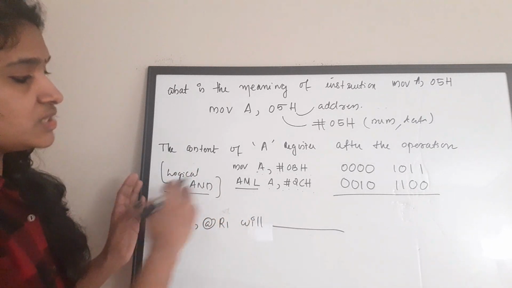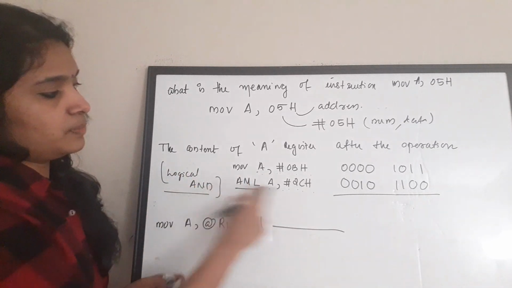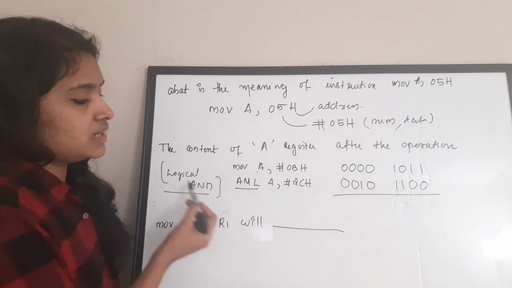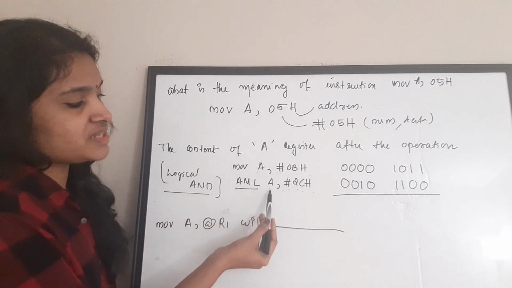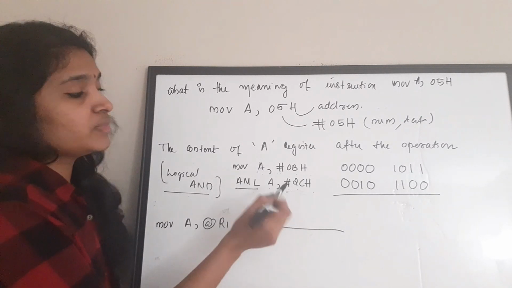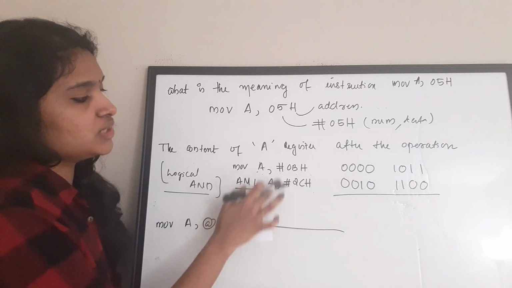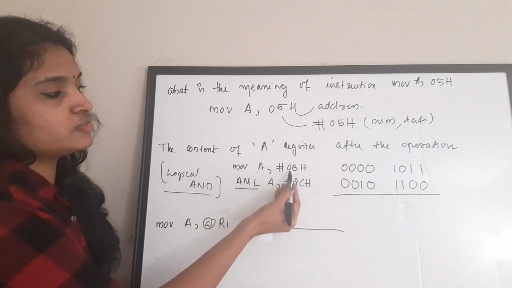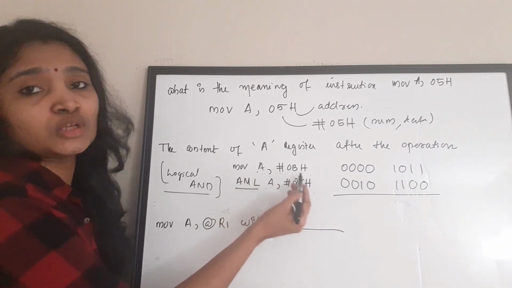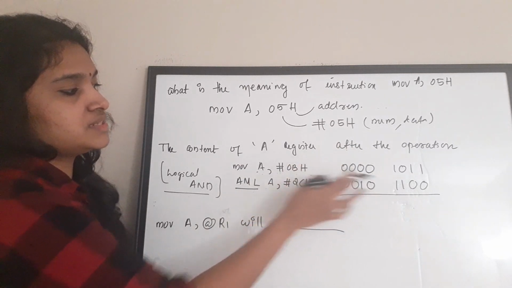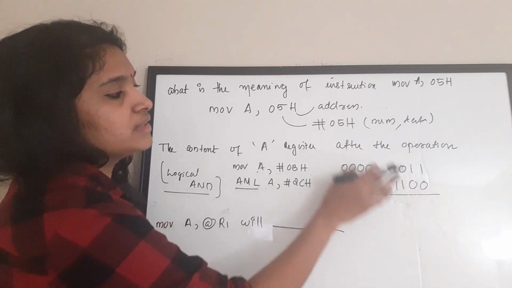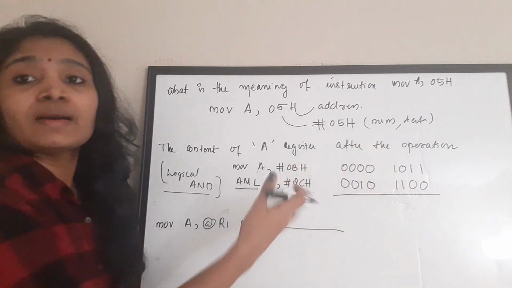So in this next instruction, we are taking the logical AND of the value present in A with #2C. Again, this is data. So with 2C, you are doing the logical AND operation with the value present in A, which is nothing but 0B. I have represented the binary for 0B and 2C. You have to take the logical AND of these two numbers.